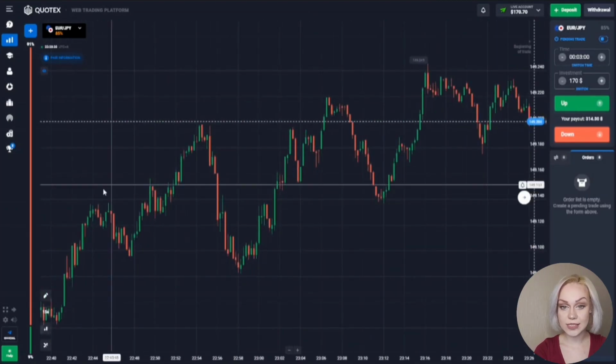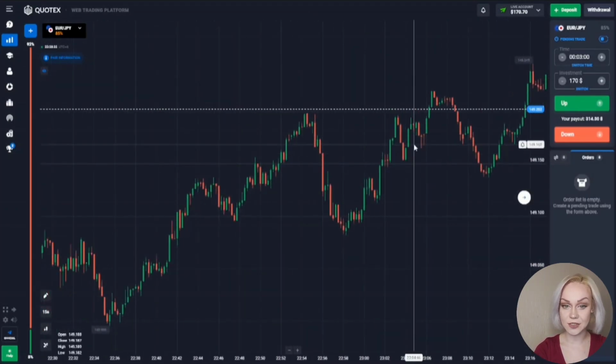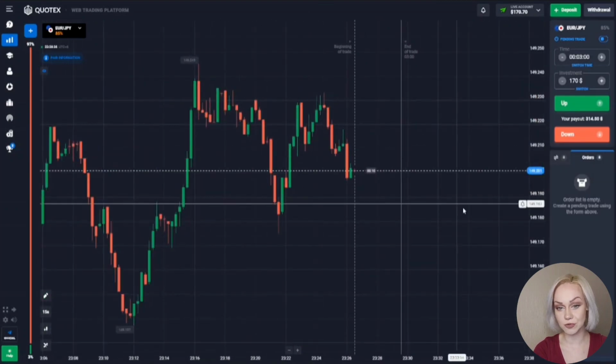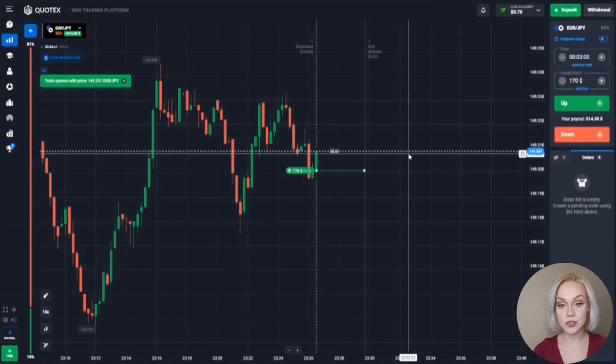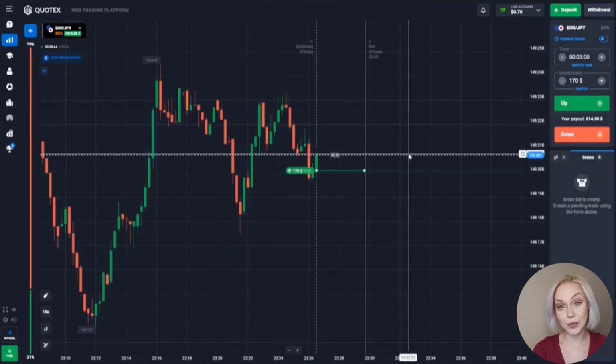Here we see an uptrend. The chart has a great volatility. Due to this, it would be reasonable to open a trade for a raise for 3 minutes to spare. The chart should continue moving along the trend. So let's see where the price will move.